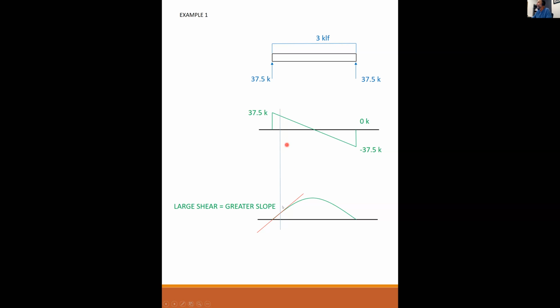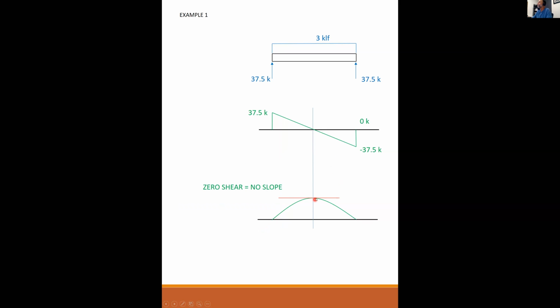So this slope here is equal to the magnitude of the shear diagram at the same point. The magnitude of the shear diagram here is fairly large, so the slope of the moment diagram from 0 is fairly large.